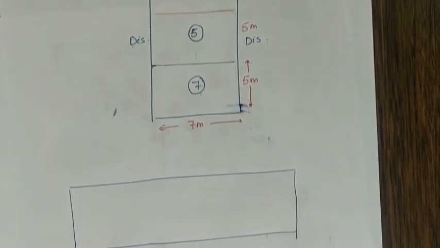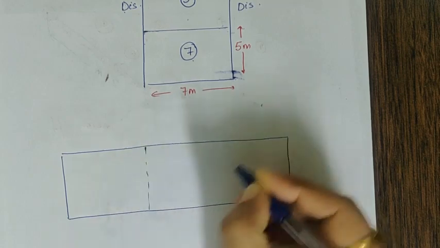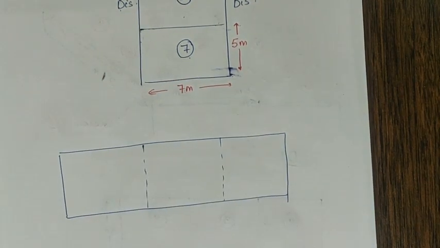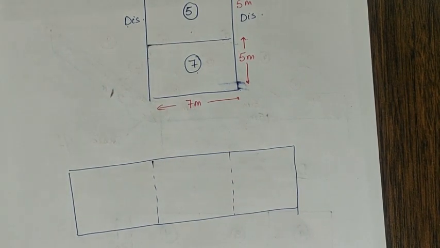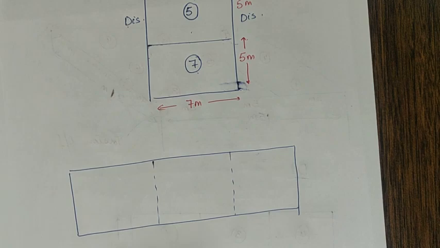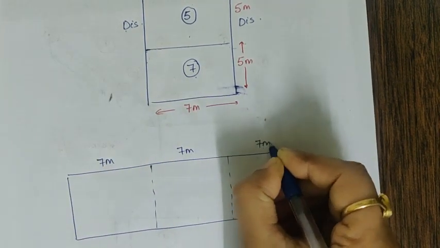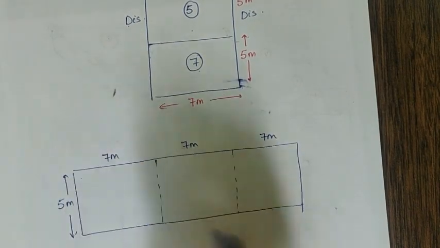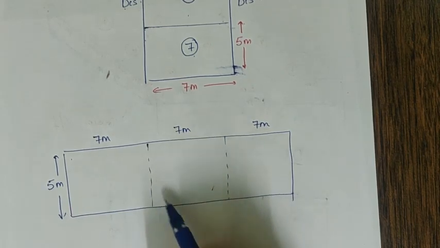This is the slab. Now this particular slab, again, I am, let us say, dividing into 3 portions. Okay. Clear? So this is, let us say, 7 meters. This is 5 meters. Now look at this particular slab, that is the interior slab.